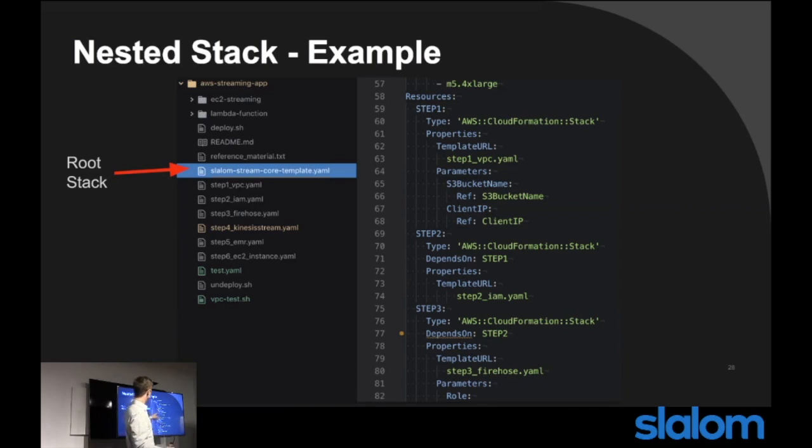Notice how I just say step 1 VPC YAML. If you look where this one is, it's pointing at the other stacks. Every one of these, step 1, step 2, step 3, step 4, step 5, step 6, are all different CloudFormation stacks that are being deployed by one single stack.